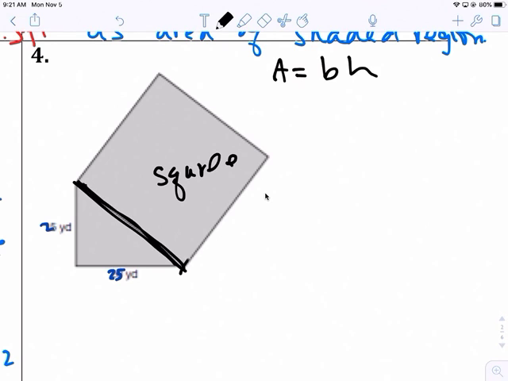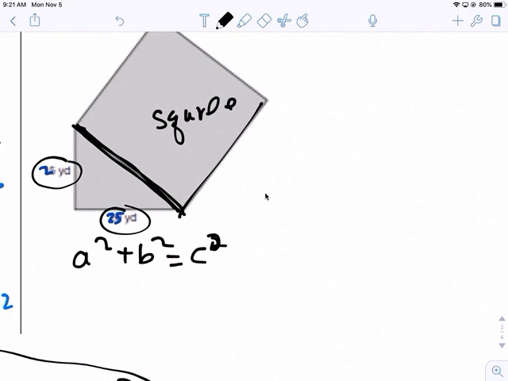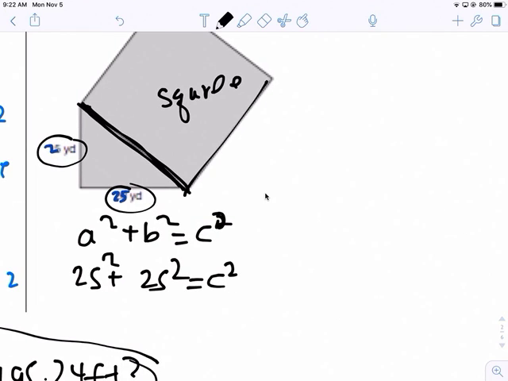There's nothing else, so we do a squared plus b squared equals c squared. This is the side squared. So 25 times 25, and then add them together. 625 plus 625.